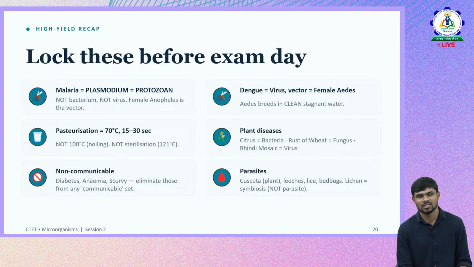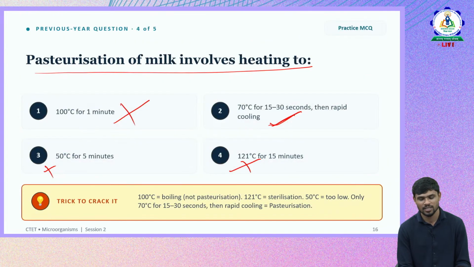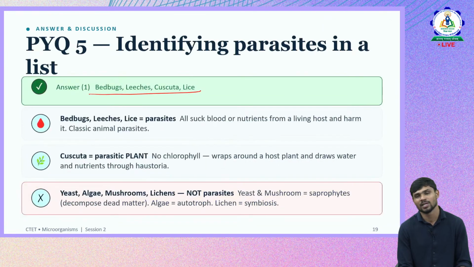So these are some of the questions that were asked in examination. If you see, all of them mostly test memory based knowledge. Factual level, memory level questions will be asked entirely from diseases and causative organisms, vectors, identifying communicable diseases. All these are part of harmful microorganisms. We have to remember the diseases and the related microorganisms.